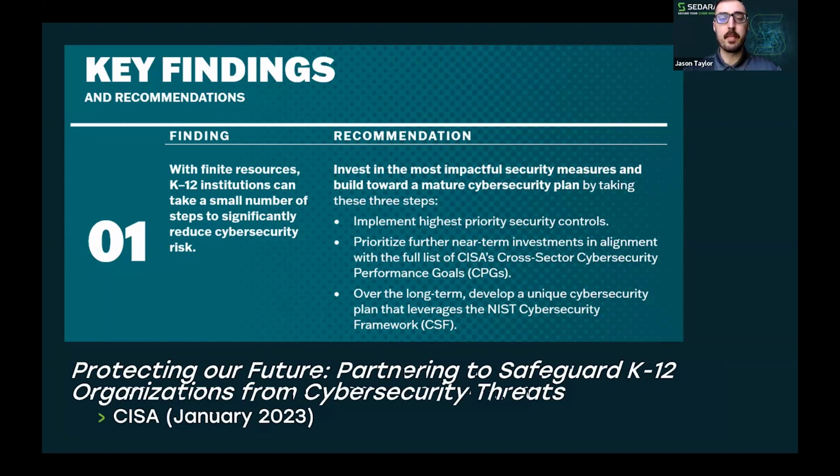And CISA recommends 3 different things in its first key finding for school districts to do. The first is to implement high priority security controls. Just like we saw on the last slide, we're exposed to threats in that threat landscape. We need to implement controls to reduce that risk. We'll explore later on in this talk what those high priority cybersecurity controls are.